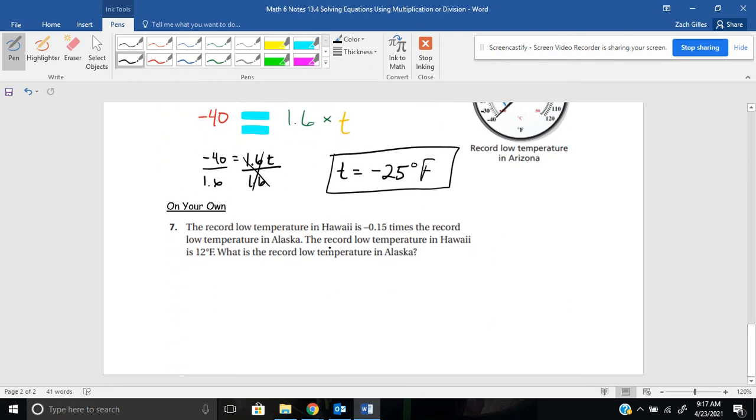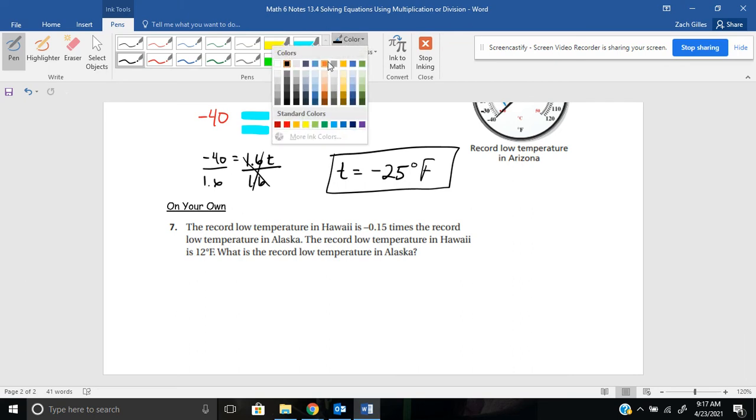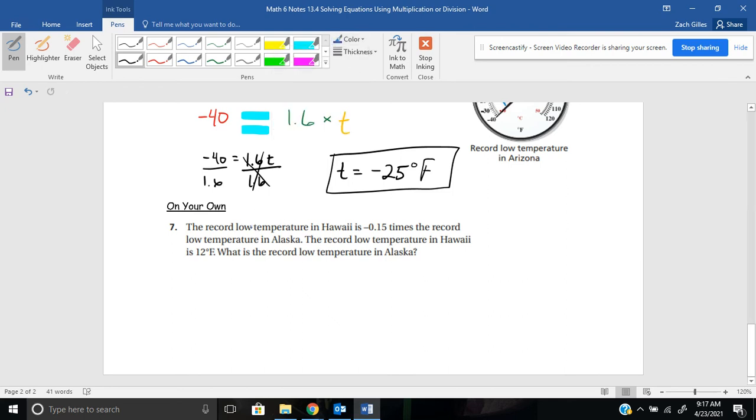All right, anywho, that does it for that one. Pause the video now to try the last one on your own. All right. Record low temp in Hawaii is negative 0.15 times the record low in Alaska. Set it up very similar to this problem right here.